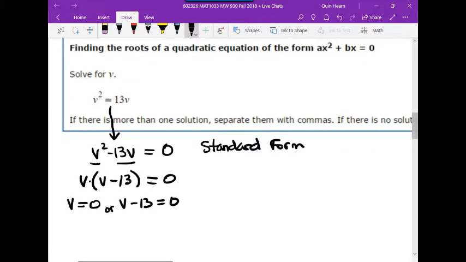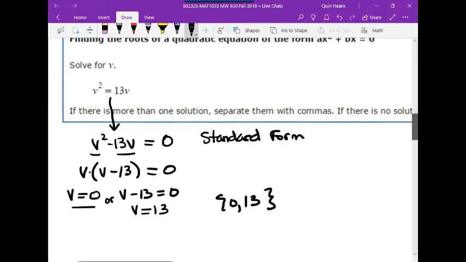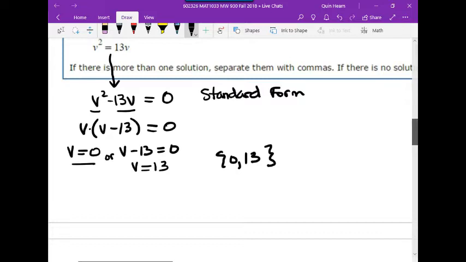Okay, so nothing to solve on the left, v is 0. Adding 13 to both sides, we get v equals 13. So we have two solutions, 0 or 13. Okay, so factoring out a GCF is something you should always check for to see if it's possible.